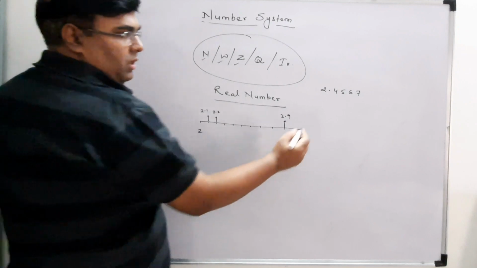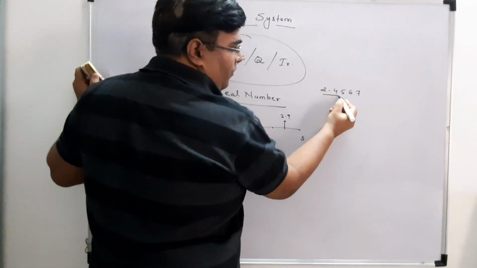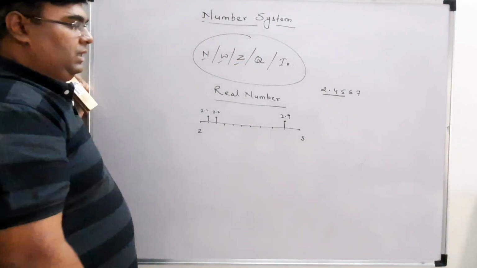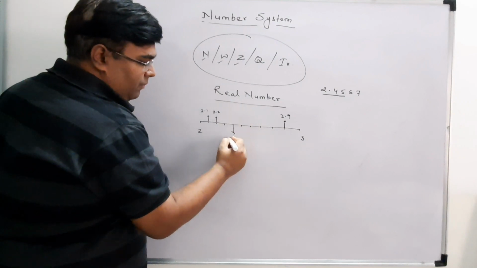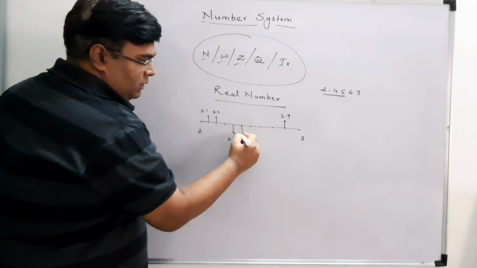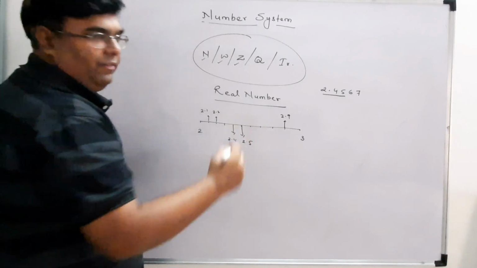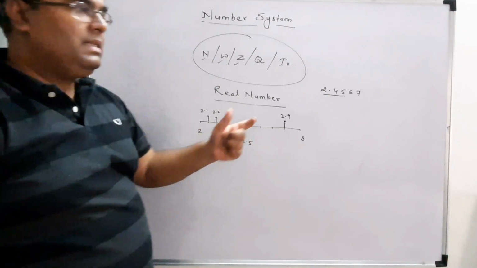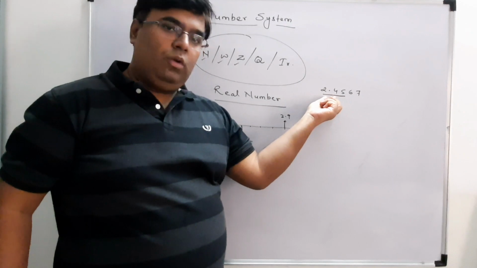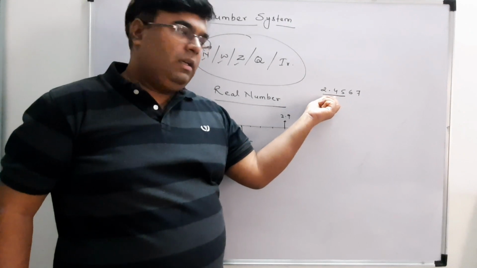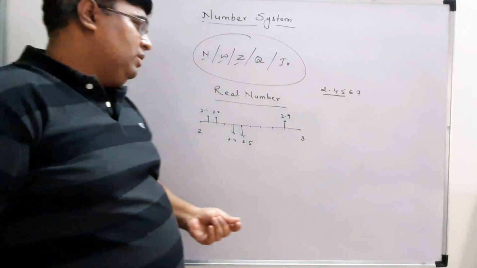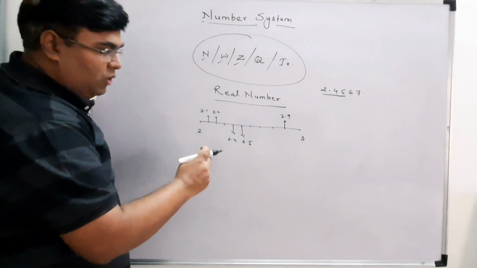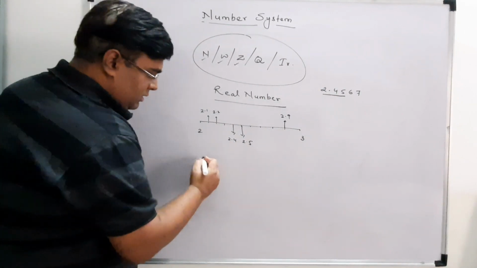Now but this is what? 2.45. So basically it will be in between 2.4 and this is what? 2.5. Now this number is in between 2.4 and 2.5. It is greater than 2.4 but less than 2.5. So now what we can do, we can focus on these two parts.